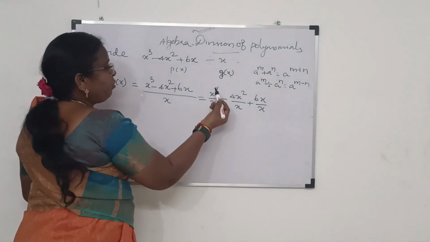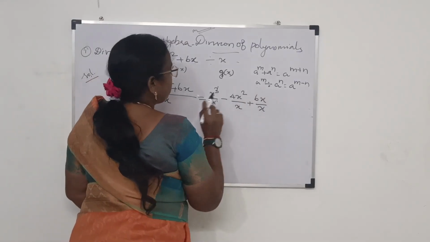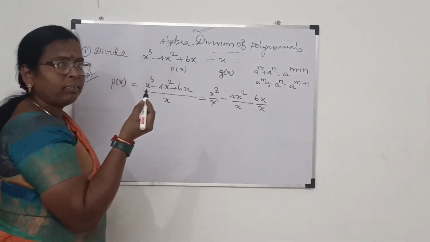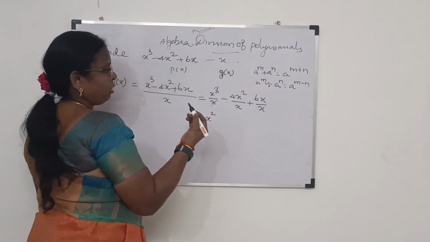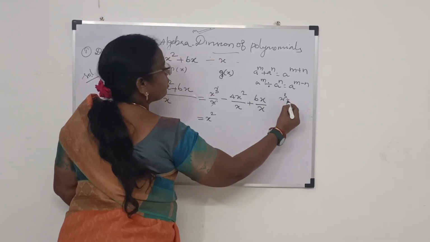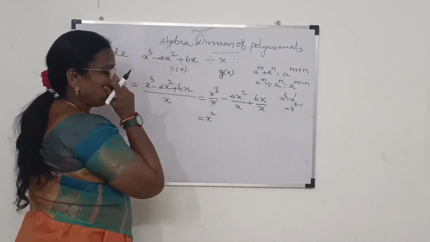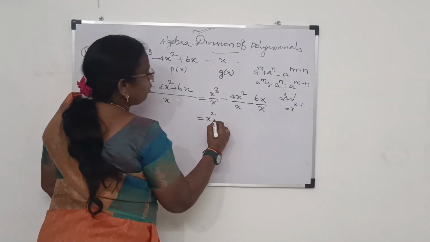So if the power is 3, here the power is 1. When you are dividing this, if the base is the same, you can subtract the powers. So here what will come? X square. That means x cube divided by x1 is x power 3 minus 1. So what can you get? X square. Very good.